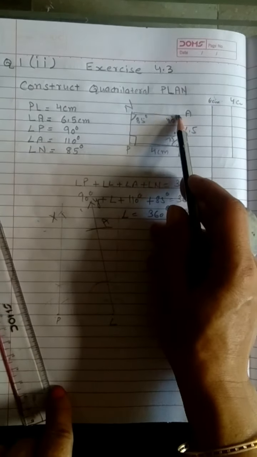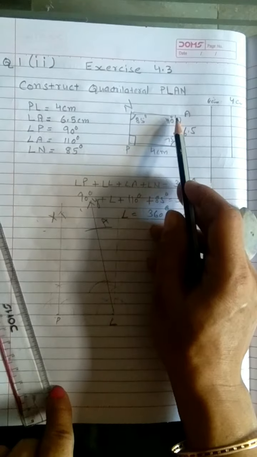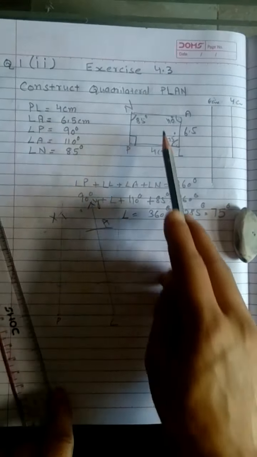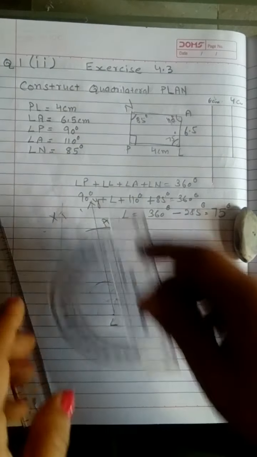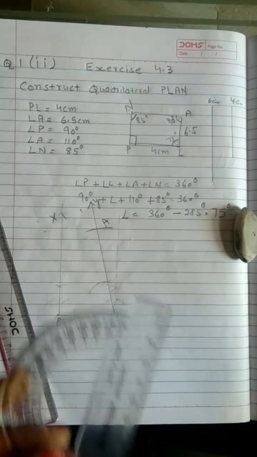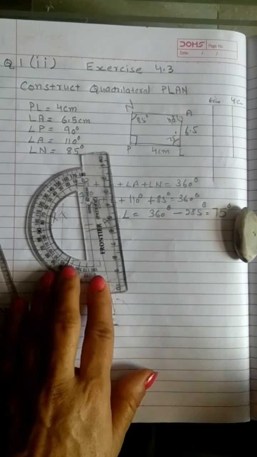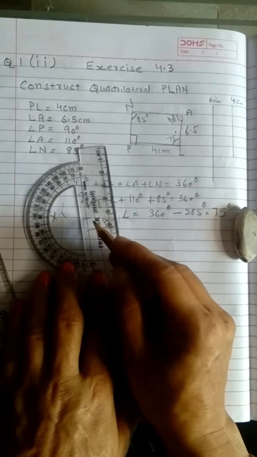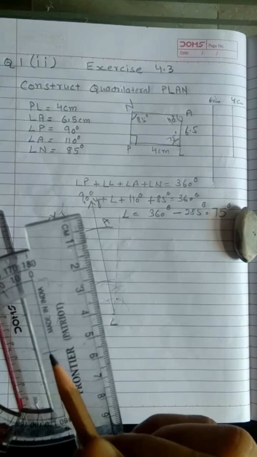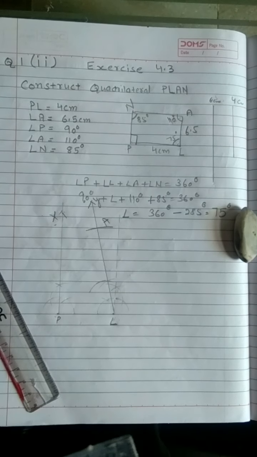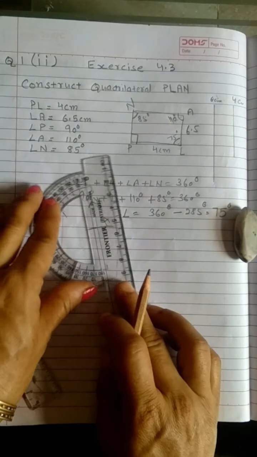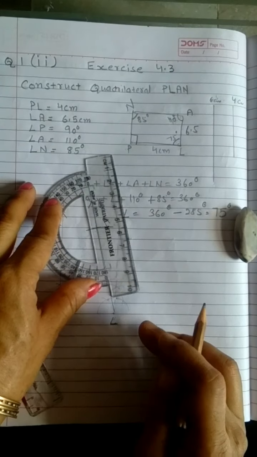Here again A is 110 degree, but 110 you can't draw with the compass, so I'll use the protractor here. See, this mark I'll put on the point A, and this line on the ray AL. It should coincide.